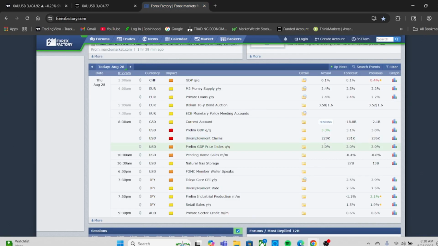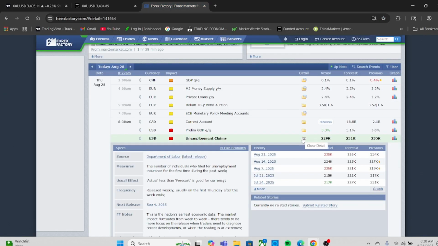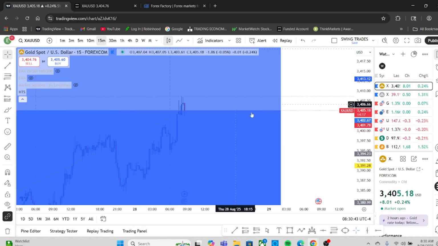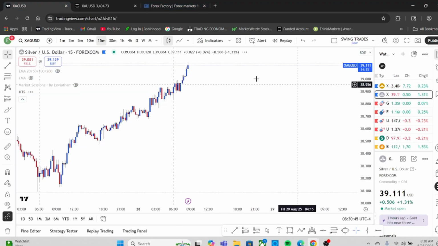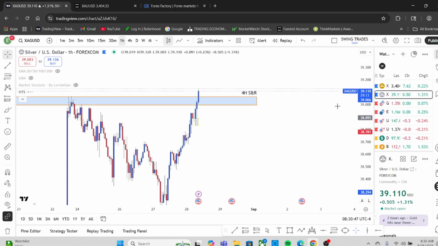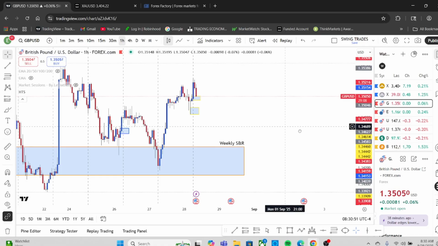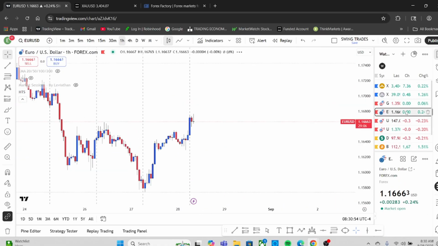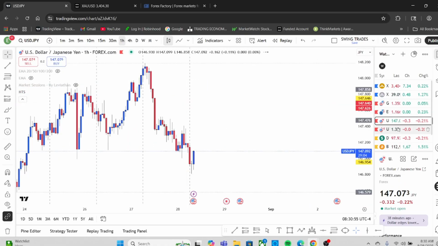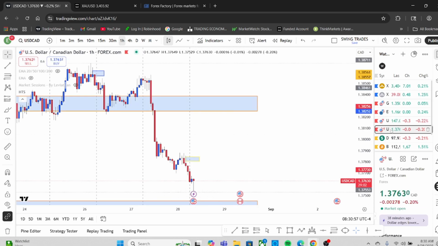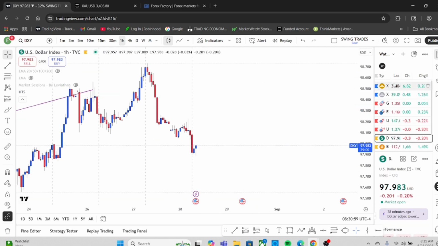It's all good. So 229. Okay, so dollar is most likely gonna get stronger here. Let's see what silver is doing. It's actually pushing to the upside, so we're just gonna keep holding that. And GBPUSD, yeah, having that retracement, there it is. EURUSD, we're just gonna watch it, pushing up, and then dollar pushing up. Okay, cool, it's all good.